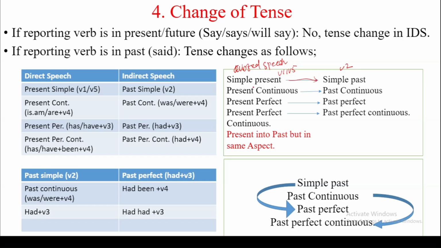If there is present continuous, means is, am, are plus V4, it is changed into was, were plus V4. If there is present perfect, has, have plus V3, it is changed into had plus V3.